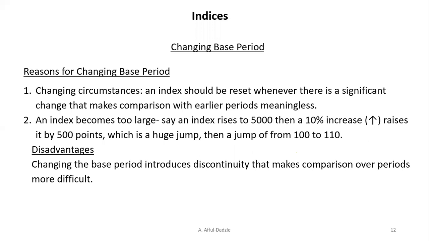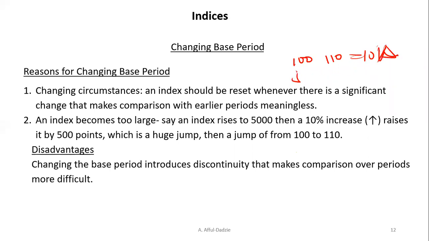Another instance when we can change our base period will be when the index value rises so high that it's becoming quite meaningless, or it makes it difficult to understand what is occurring. For instance, like what we just calculated, if your base period is 100 and you have 110 in a certain period, this is just a 10 percentage point change.